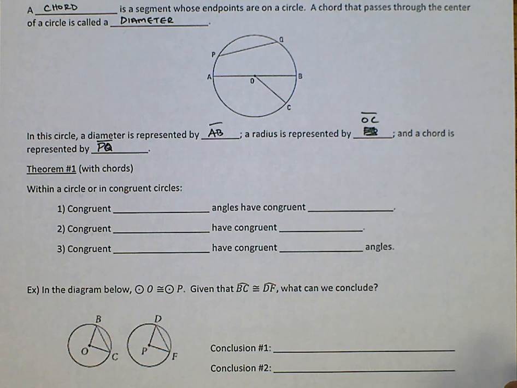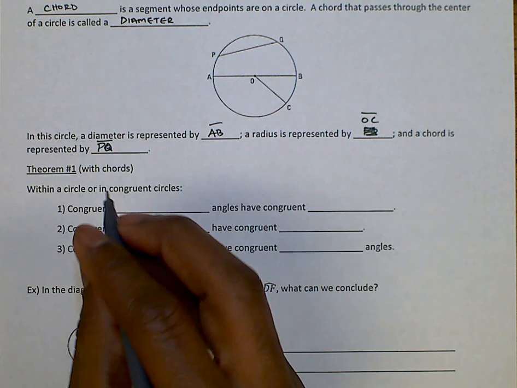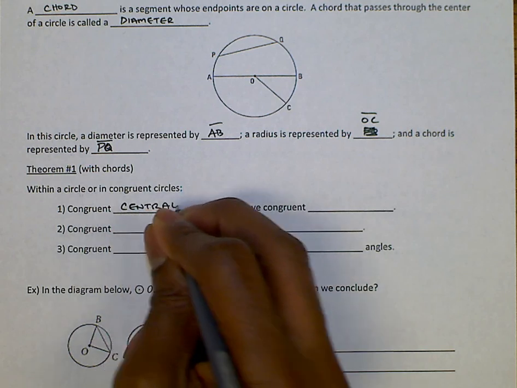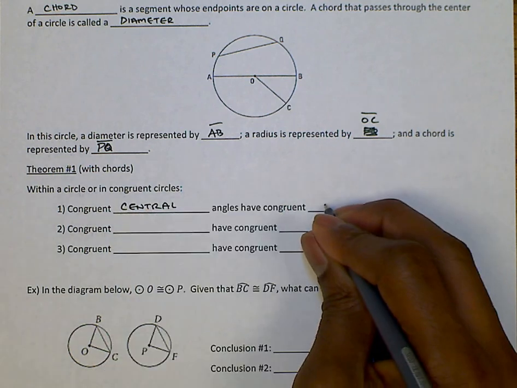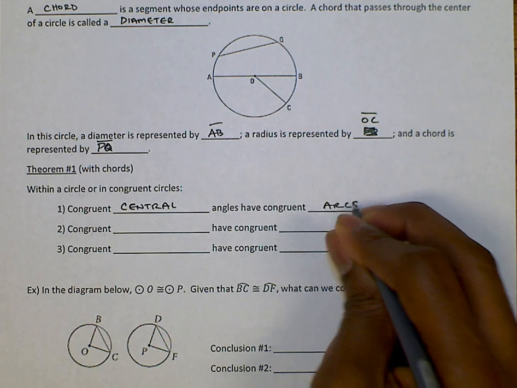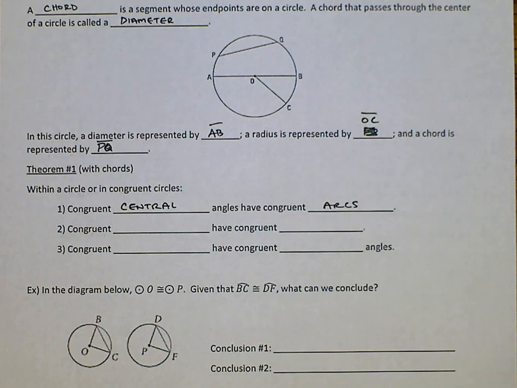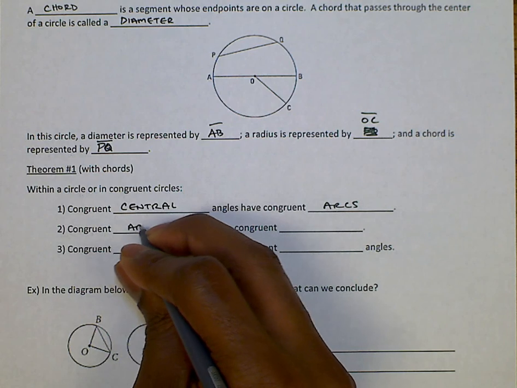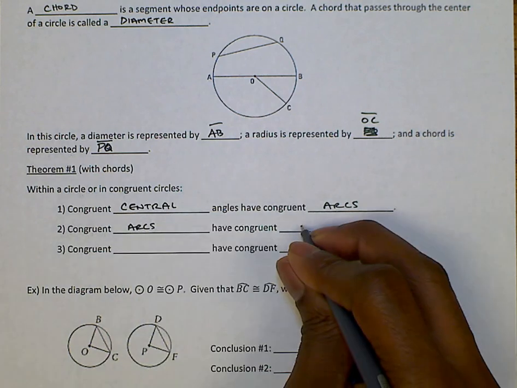Now let's run into our first theorem with chords. Within a circle or in congruent circles, congruent central angles have congruent arcs. We've already looked at that in our first section. Congruent arcs will have congruent chords.